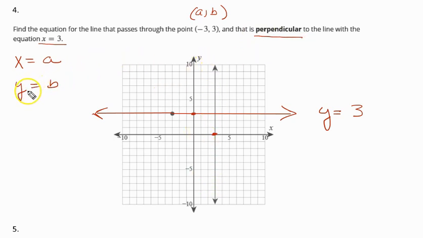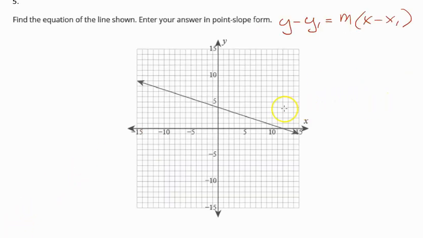So its equation would be y equals b. And we see that our y value here, our b value, is a 3. So they're giving us this point, and we are now drawing a line perpendicular to the other line, which is a horizontal line. All right, something like that. Again, you're asking questions if you need to.